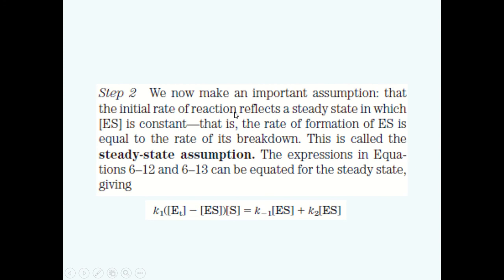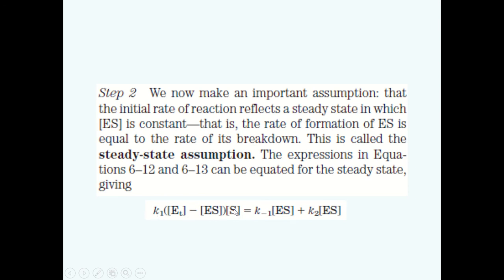Now, because of the steady state assumption, we know that the substrate concentration is such that the rate of formation of the enzyme substrate complex and the rate of breakdown of this complex are equal to each other. Therefore, the concentration of the enzyme substrate complex is constant. Since these two rates, the rate of formation and the rate of breakdown, are equal, we put these two in this equation.